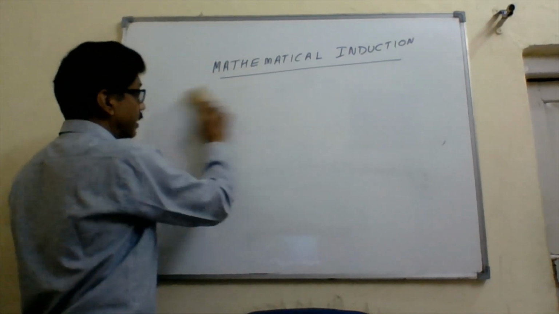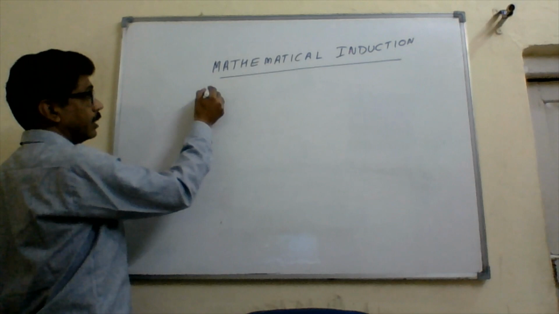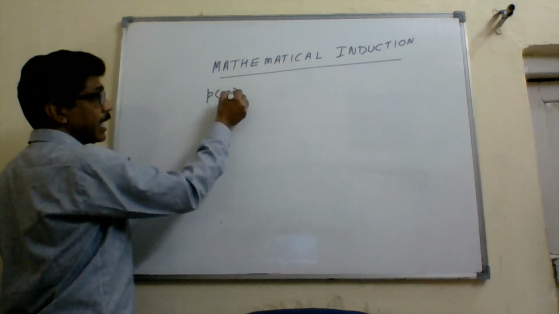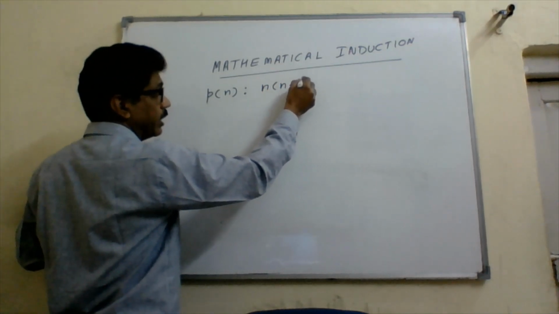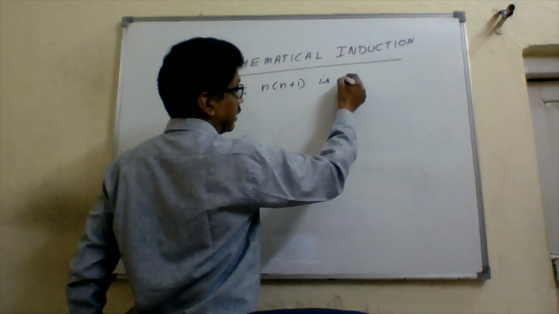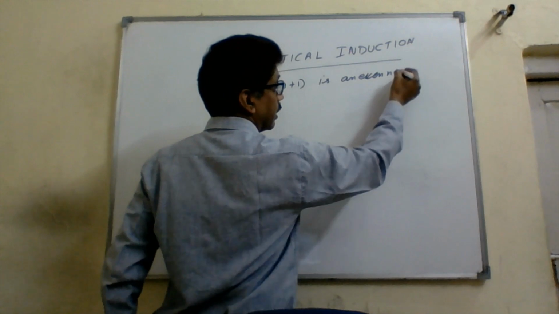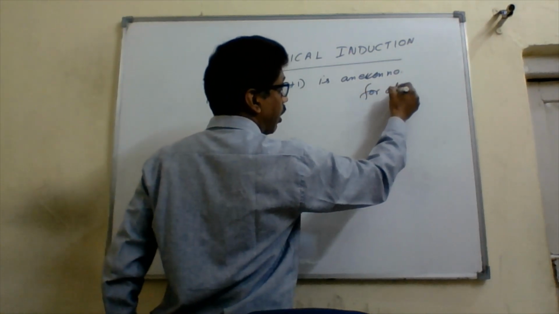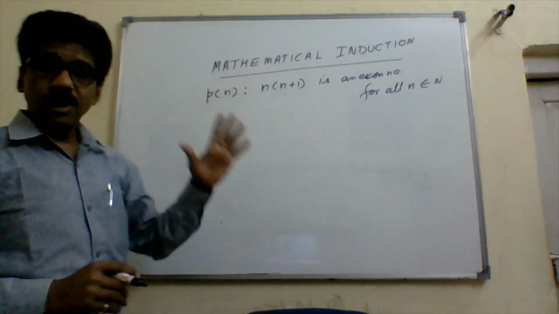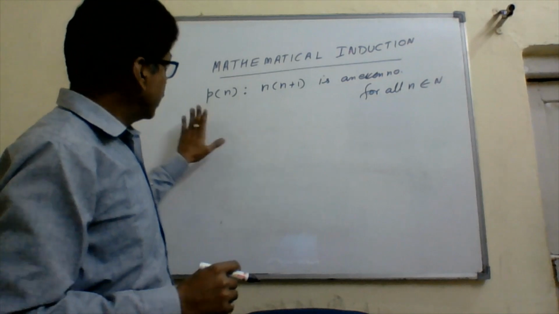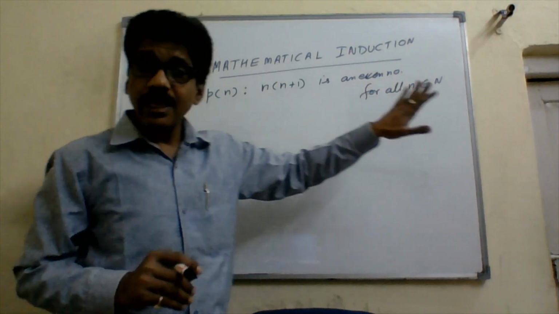P(n) is such that n into n plus 1 is an even number for all n belonging to natural numbers. This n is a natural number, and for all natural numbers this statement says that n into n plus 1 is an even number.